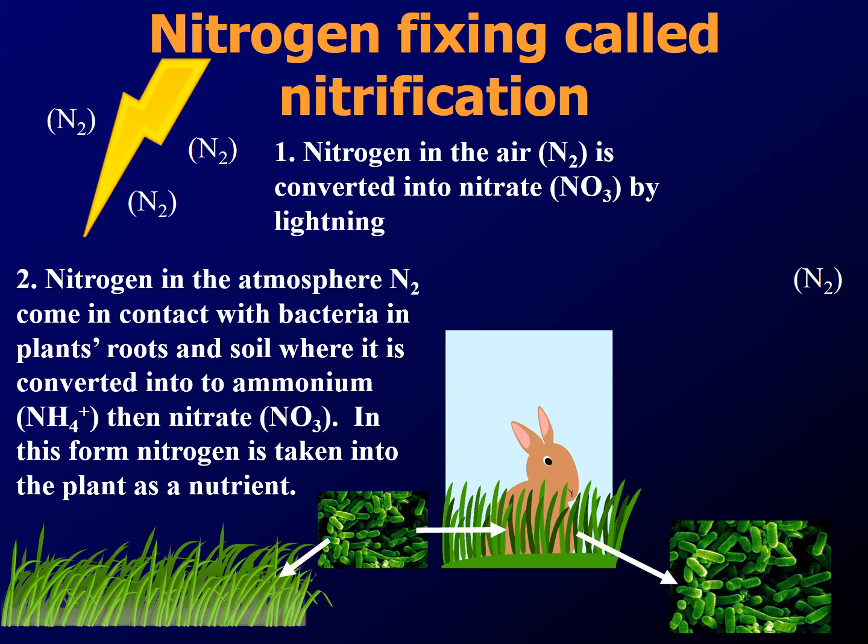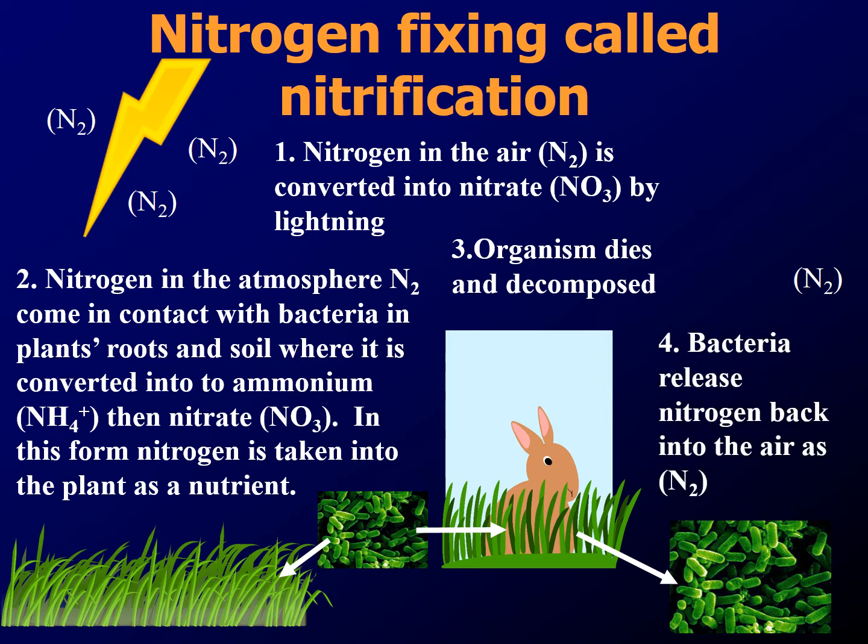Once in the food web, consumers will eat the producers, and when the producers as well as the consumers die or deposit waste materials, decomposers break these organisms down and return the nitrogen to the soil.